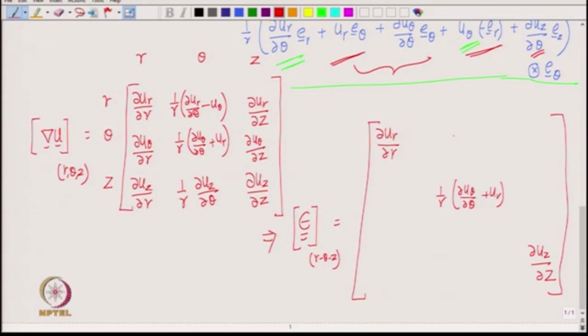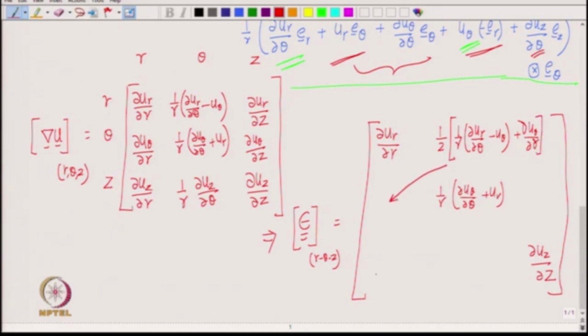So, the term over here, that would be 1 over 2 times 1 by r of del u r by del theta minus u theta plus del u theta by del r. Okay. And then this is same as this term over here.